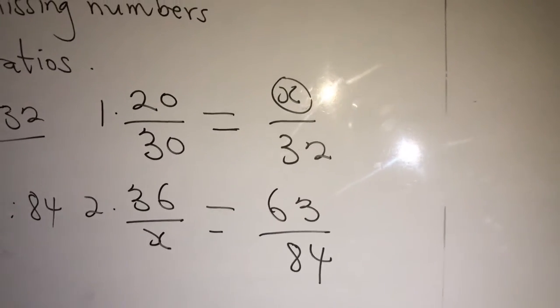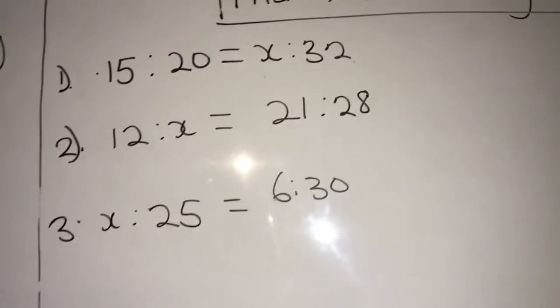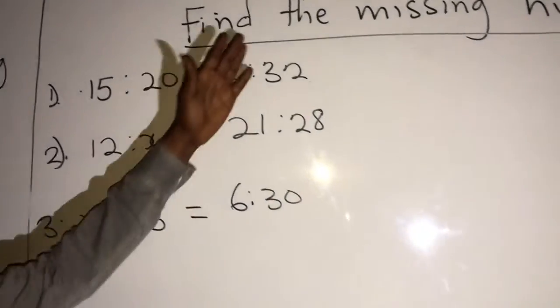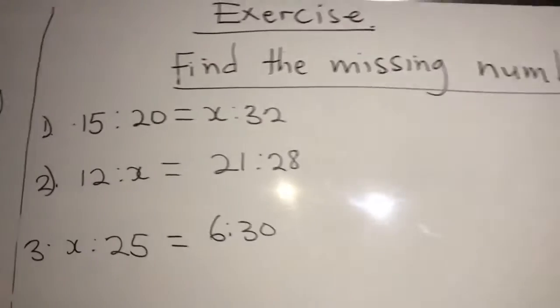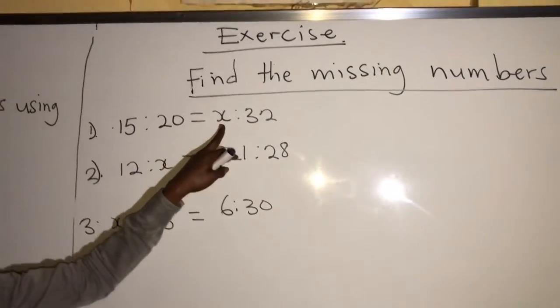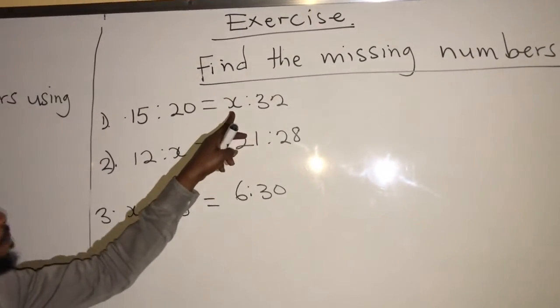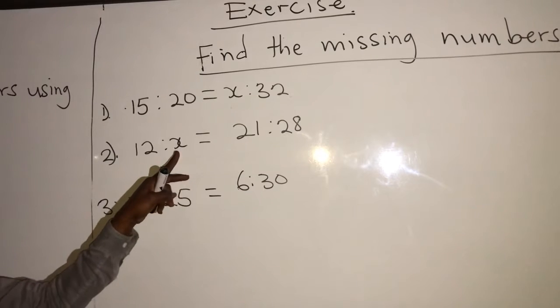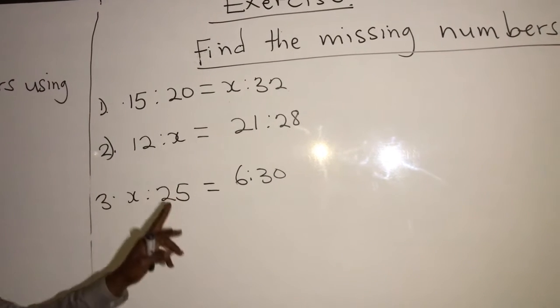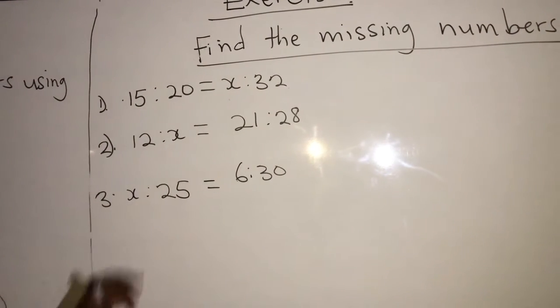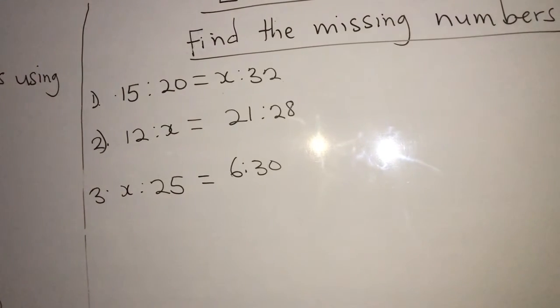Now today we want to look at some exercises. Find the missing numbers. What are we looking for? x represents a number, and we have another x here which represents a number, and another x here. We do not know that number.